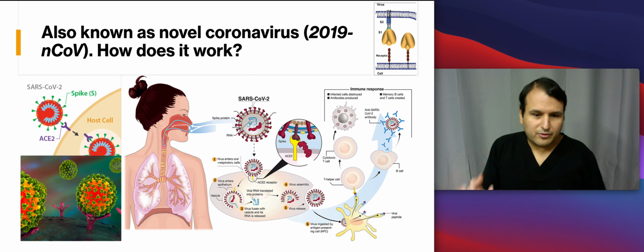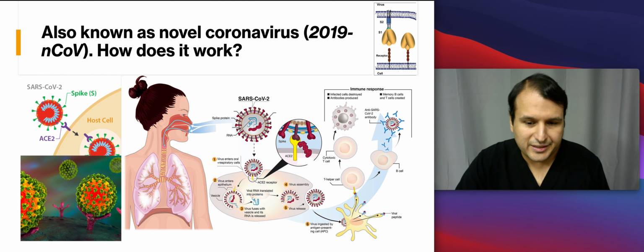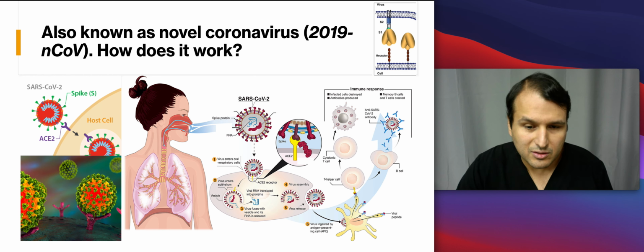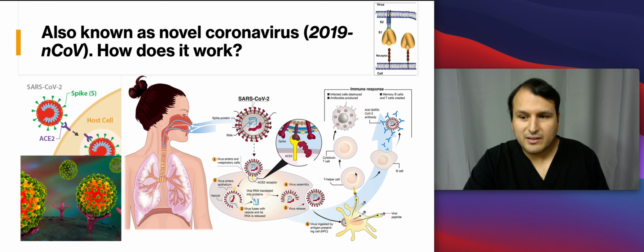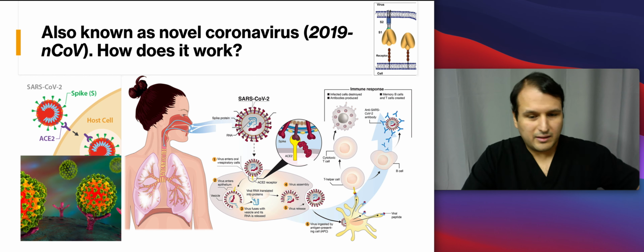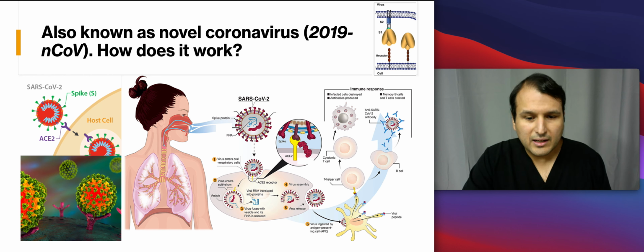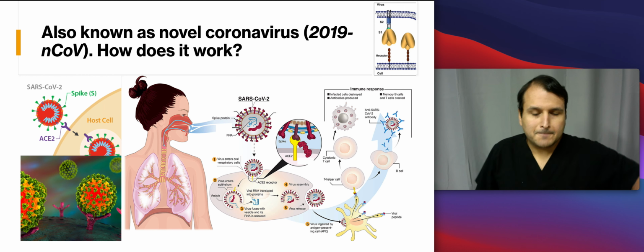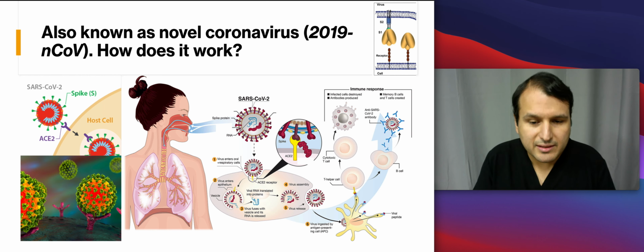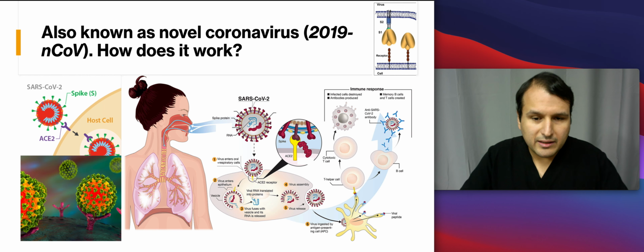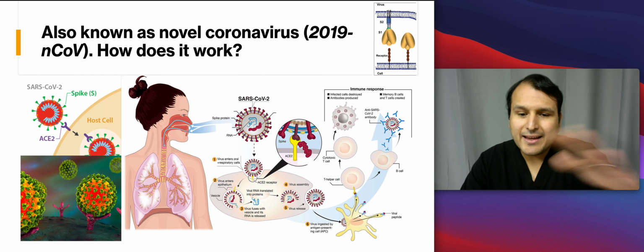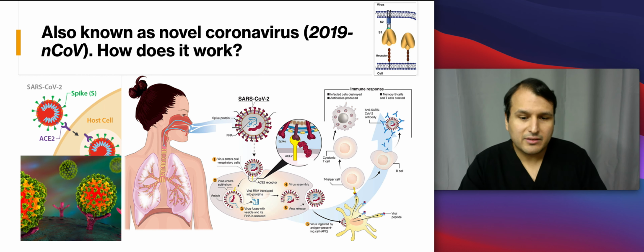So for it to mount a defense, it has to break it down into little pieces. That's why you see these little pieces being presented to this helper T cell, also called the CD4 cell, so that it can be a mediator for the other cells like the B cell and the cytotoxic T cell.